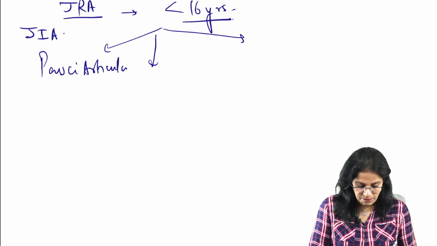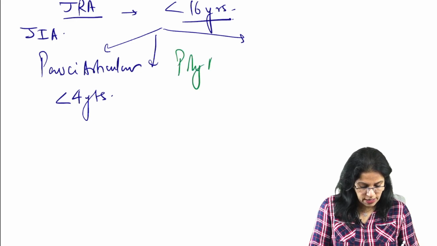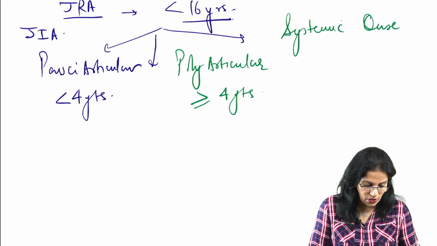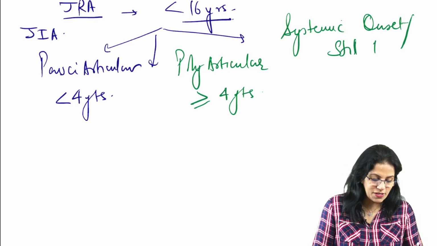Pauciarticular means less than 4 joints are involved. Next is polyarticular, which is more than or equal to 4 joints involved. And lastly, systemic onset. Systemic onset is also called Still's disease and it starts with systemic features.